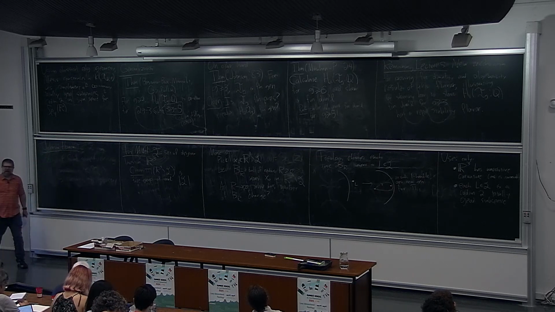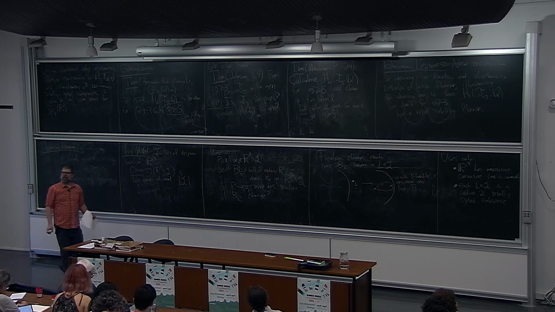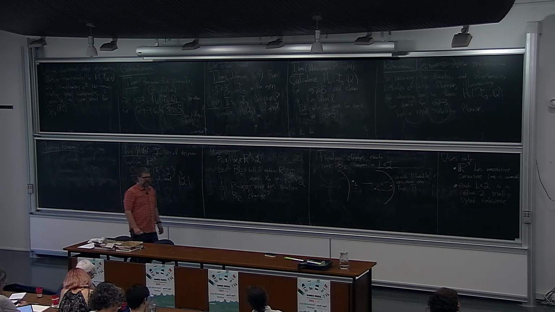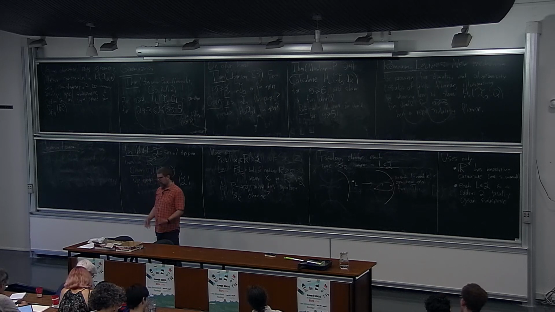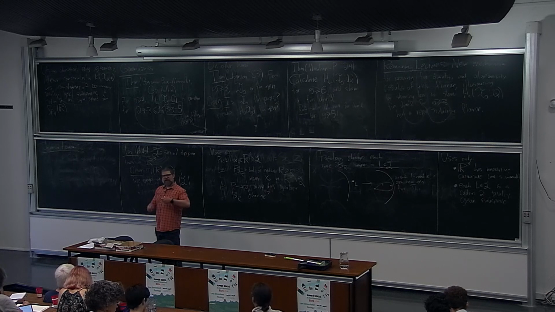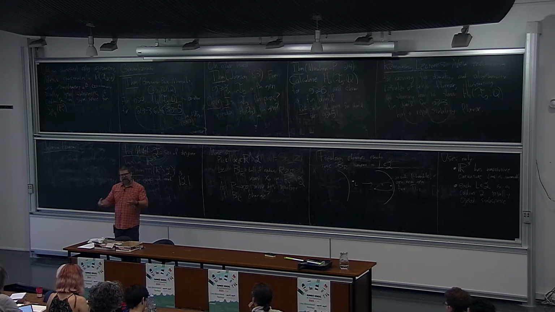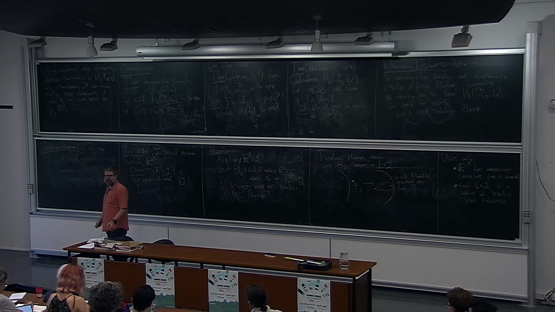Now I have to apologize slightly. I've been talking about closed surfaces, because I think of closed surfaces as the real fundamental things you care about in the mapping class group. There are also, as we've seen in the other lectures, surfaces with boundaries, surfaces with punctures, and so on. I think of those as technical tools you need to study the thing you really care about. But for this, it's much more convenient to work with surfaces with one boundary component.